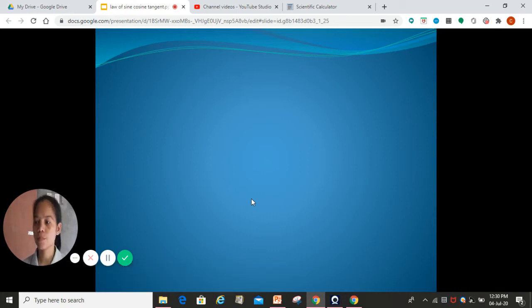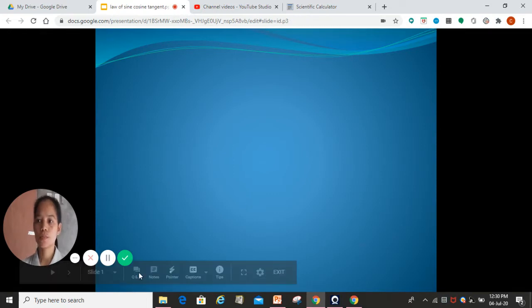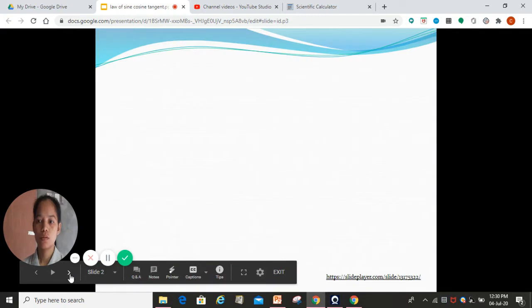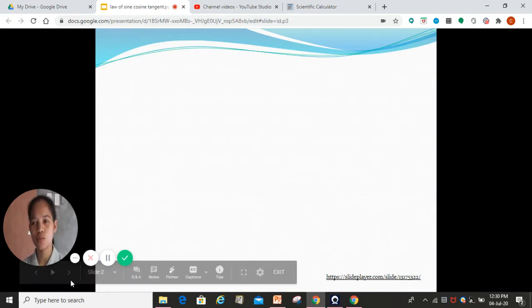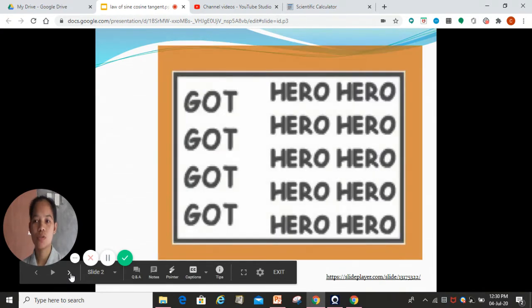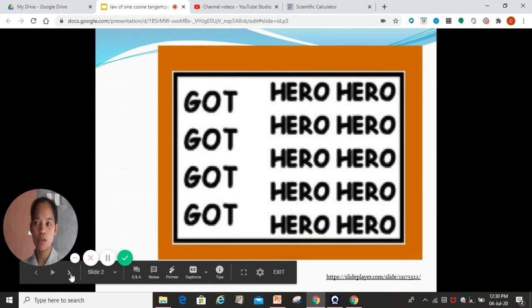Okay, so I'd like to start my discussions with the rebus puzzles that I have here for you. So we check into what could be the possible message for us or the phrase being told by these pictures. First, we have the word God and we have the word hero.